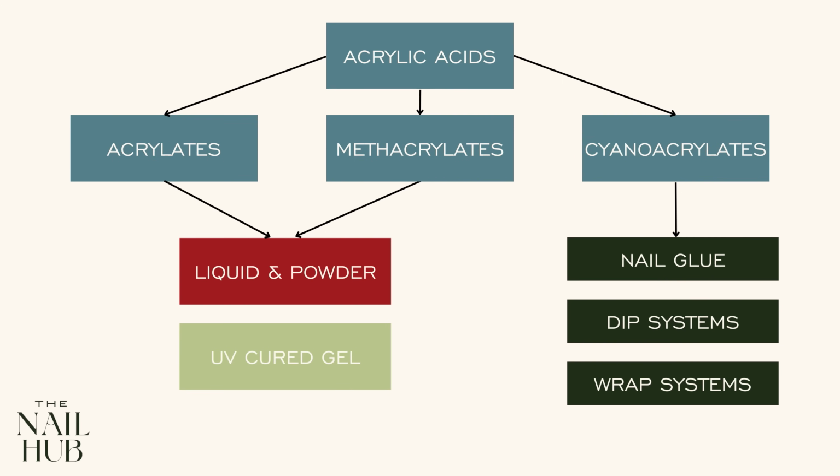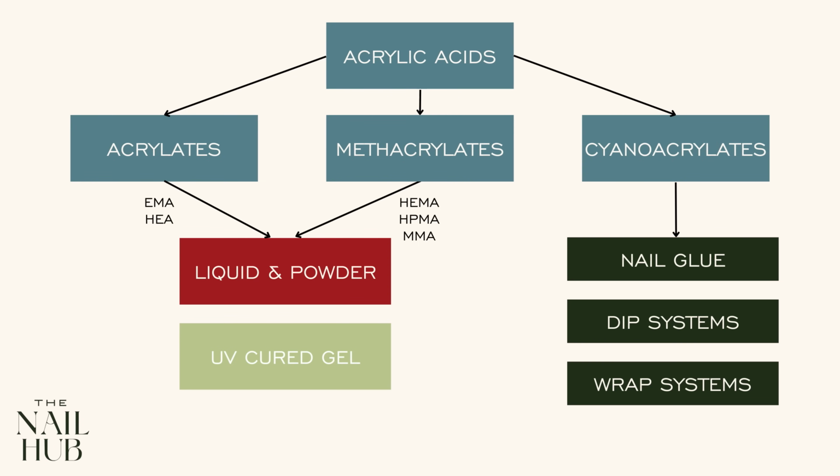Super glue is also a derivative of a cyanoacrylate. Cyanoacrylates are adhesive type acrylates, and they're used in things like dip systems and wrap systems. Maybe you learned that back in nail school, or maybe you've come across things like silk wraps and fiber wraps, and obviously also the glue that we use to glue on nail tips. All of that is from the cyanoacrylate family.